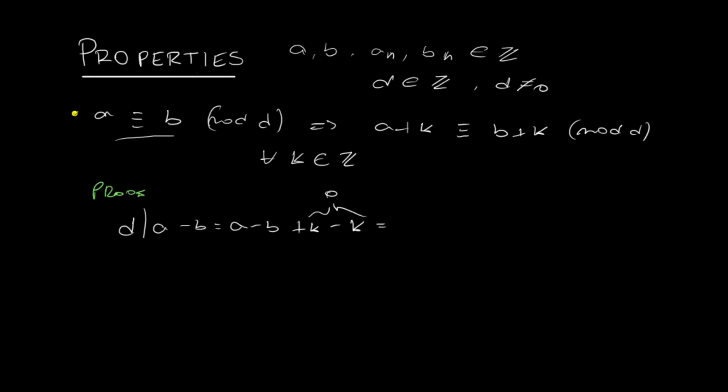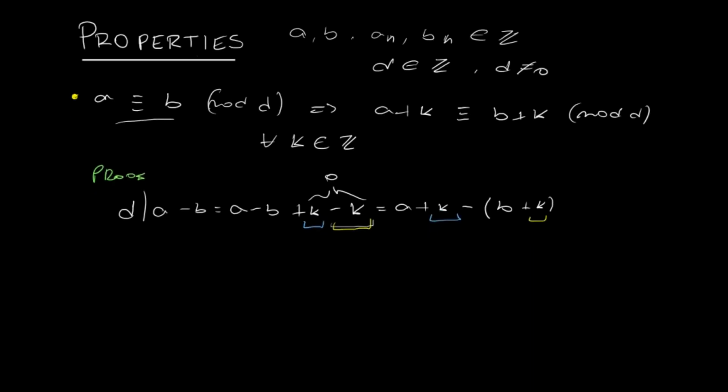And then we can rearrange all this, so we can have a plus k minus b plus k. This k is this one, and this other k is this one. And then we have some number minus some other number.